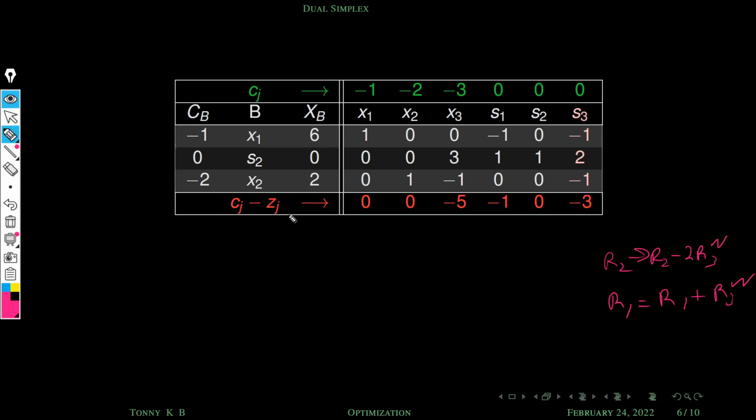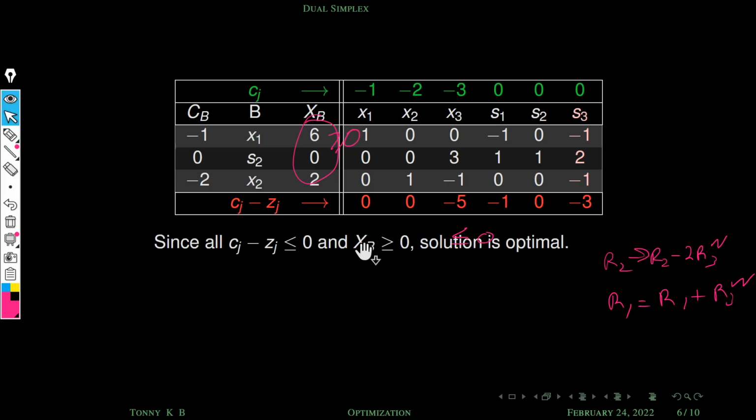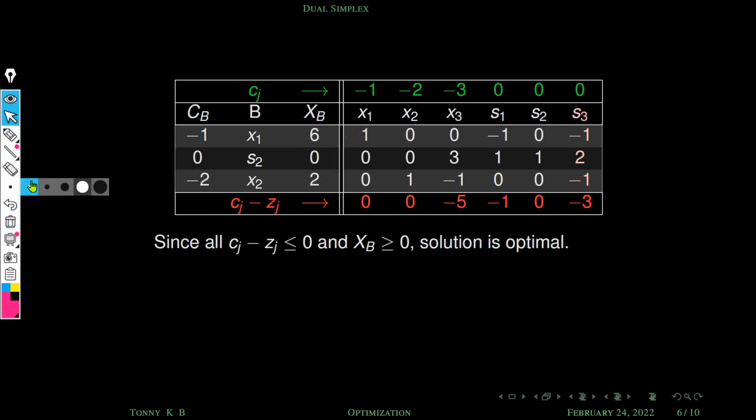Yes, now all the Cj minus Zj's are less than or equal to 0 and all the xb's are greater than or equal to 0. So this is the condition of optimality. Clear? Since all the Cj minus Zj's are less than or equal to 0 and xb's are greater than or equal to 0, the present solution is optimal. So what are the values of our decision variables? x1 equal to 6 and x2 equal to 2.